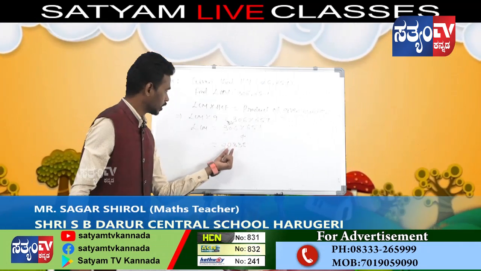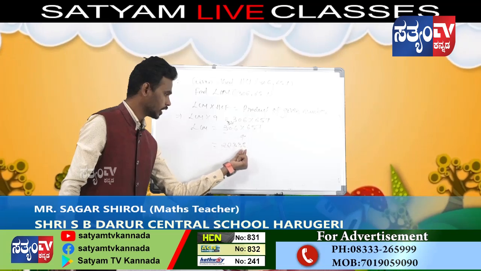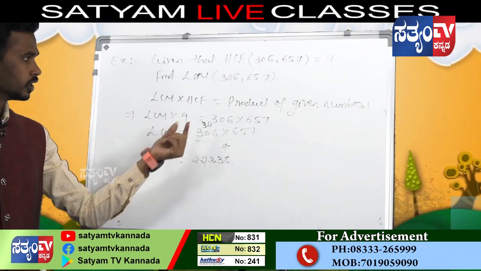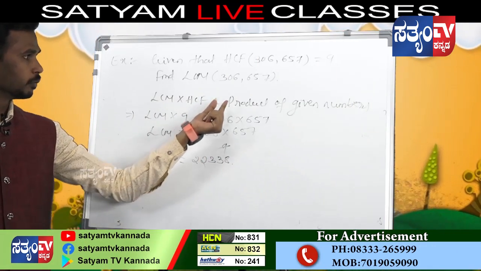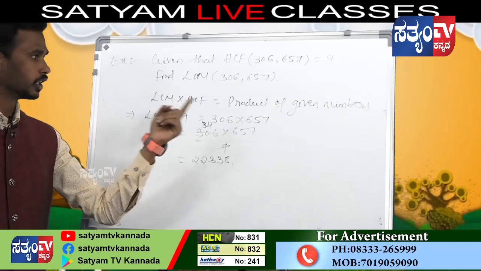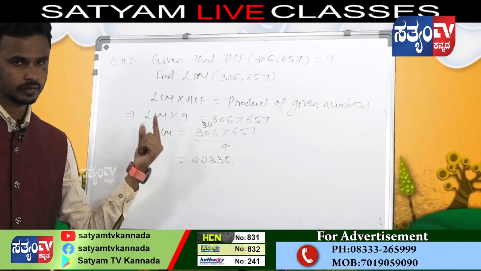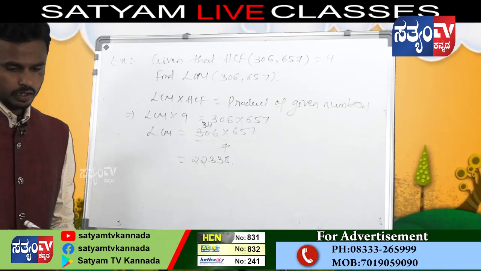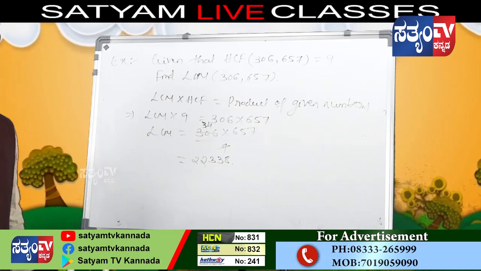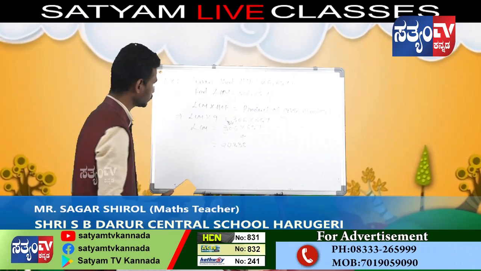So the answer is 22,338. This type of example is important for 1 mark in the MCQ, they may ask this. So dear students, let us see the next example.